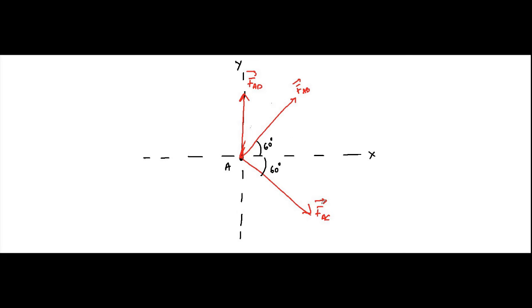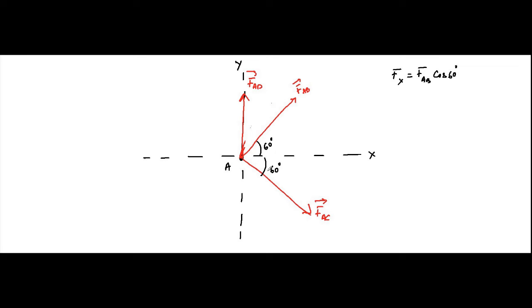So we'll write the total x and y components. So here the total component along the x axis is equal to FAB cos 60 degree, the horizontal component of FAB.